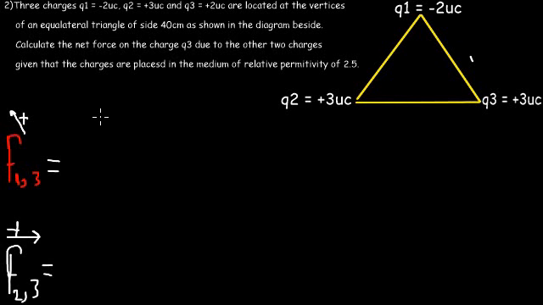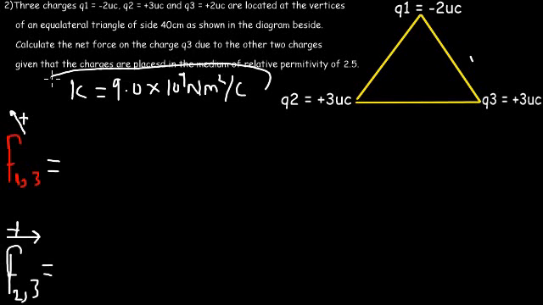Good. Now, having done that, earlier we said the value of K is equal to 9.0 times 10 to the power of 9 Newton meter squared per coulomb squared. But I must disclose to you, for this problem, we can't use this value as K. Why?